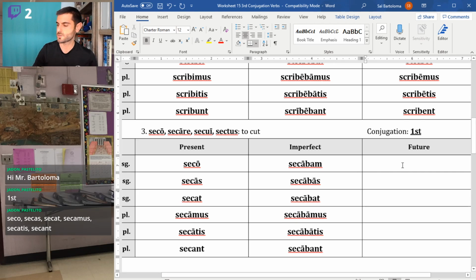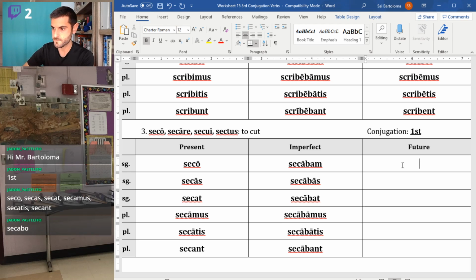What about the future? How would I say I will cut? Te secabo. I will cut you. What would my future form be? Excellent.